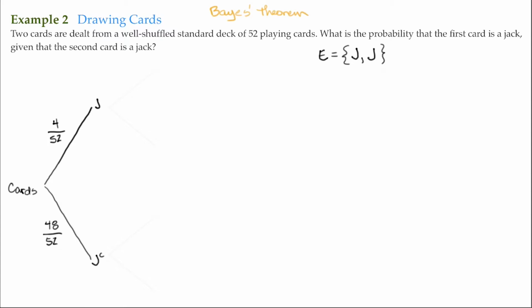Then we branch off to the second card. So here's our second card. This can be a jack or not a jack. If the first card is a jack, then the probability that the second card is a jack, that's going to be 3 out of 51. We have 1 less jack and, of course, 1 less card.